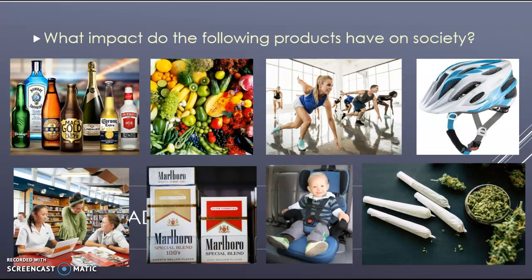Another category of market failure is to do with what we call merit and demerit goods. Now, demerit goods like alcohol, cigarettes, cannabis, and so on are goods which essentially are bad for us or cause some harm to society. So with alcohol, the producer pays to produce the goods, the consumer pays so that they can consume the goods and enjoy consuming them.